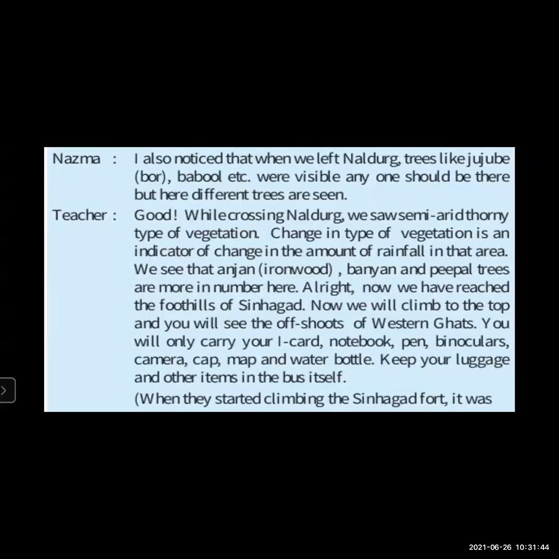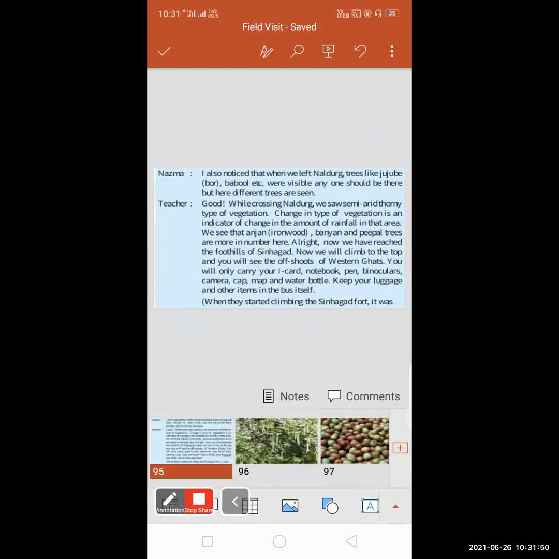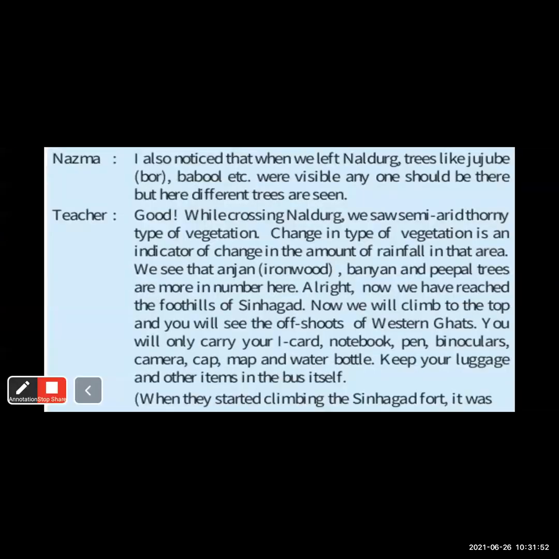Now Nazma is saying something. Nazma: I also noticed that when we left Naldurg, trees like jujube, babul, etc. were visible, but here different trees are seen. Teacher: Good.